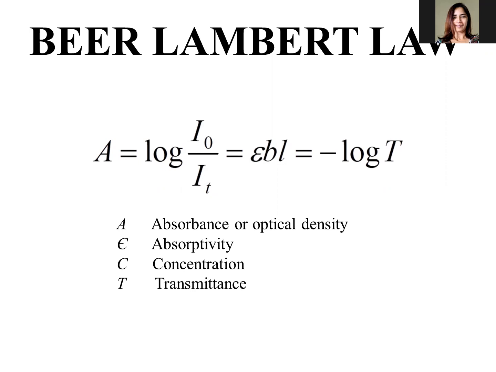A is equal to log I0 upon It, which is equal to epsilon b c, which in turn is equal to minus log T.